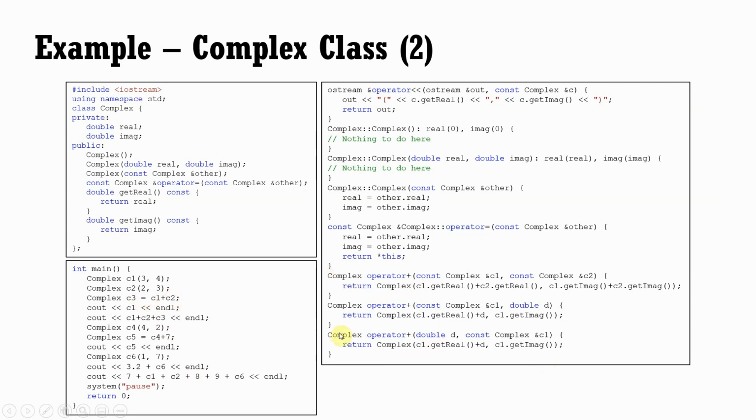If we didn't have these three operator overloading functions, these lines where we do arithmetic operations with objects of class complex would give us an error. So this is another instance of operator overloading. In this case, we are overloading the plus operator, and we can overload it multiple times.